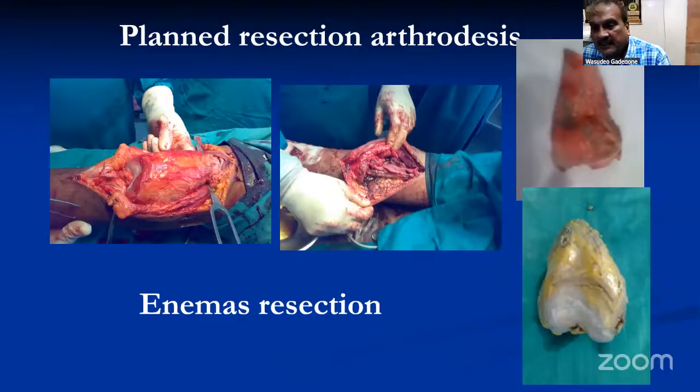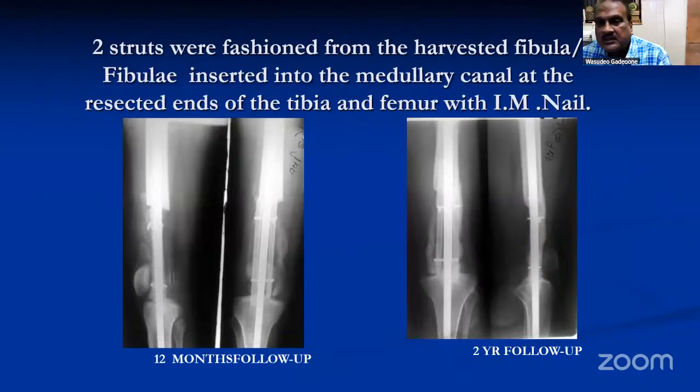En masse resection of the distal femur is done, as you can see here. Two struts were fashioned from the harvested fibula and inserted into the medullary canal at the resected ends of the tibia and femur with the IM nail.